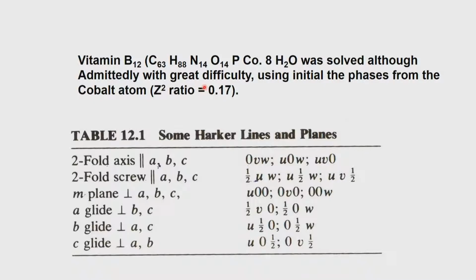The other aspect which Harker contributed to, we will discuss when we go to the direct methods. There he developed the required inequalities to start with, which eventually became equalities of probabilities, and those expressions were utilized to develop the so called direct method, by means of which we can solve the structure.